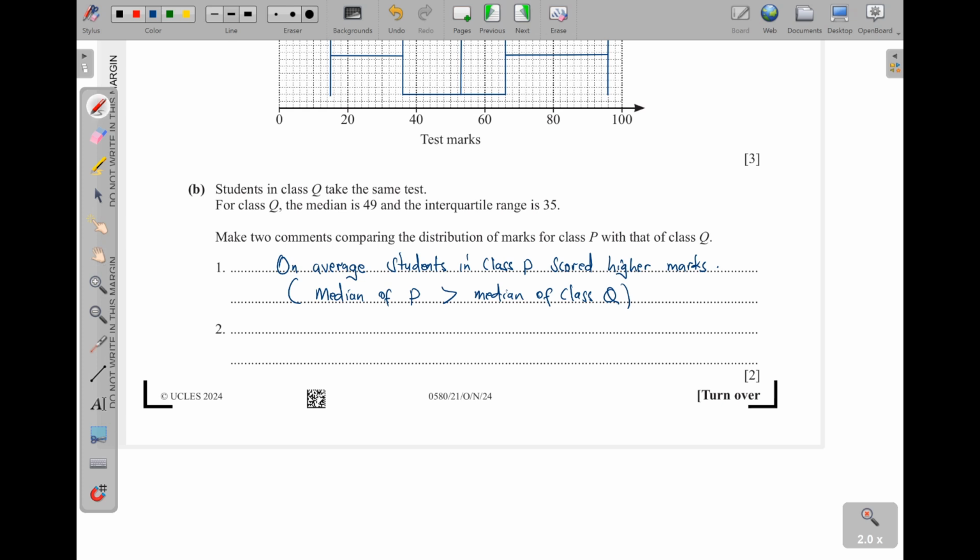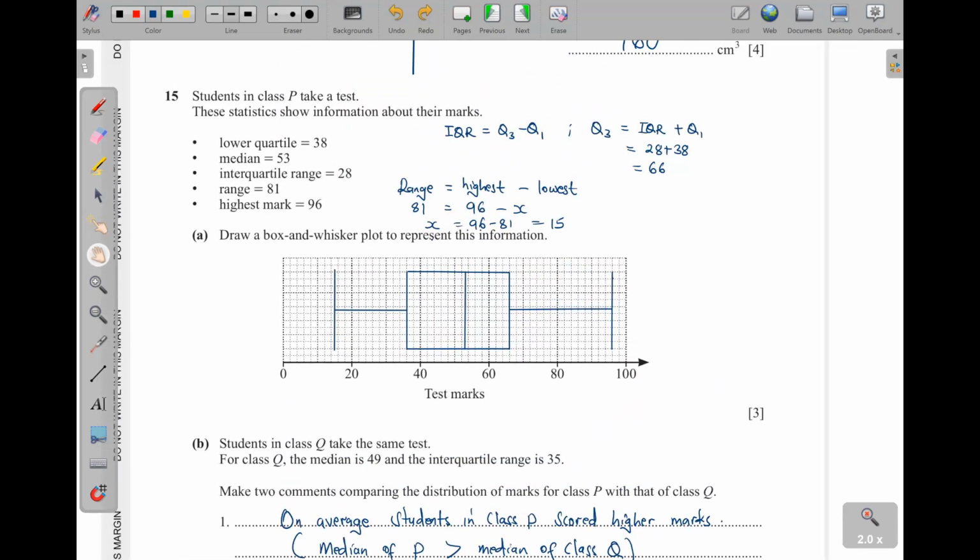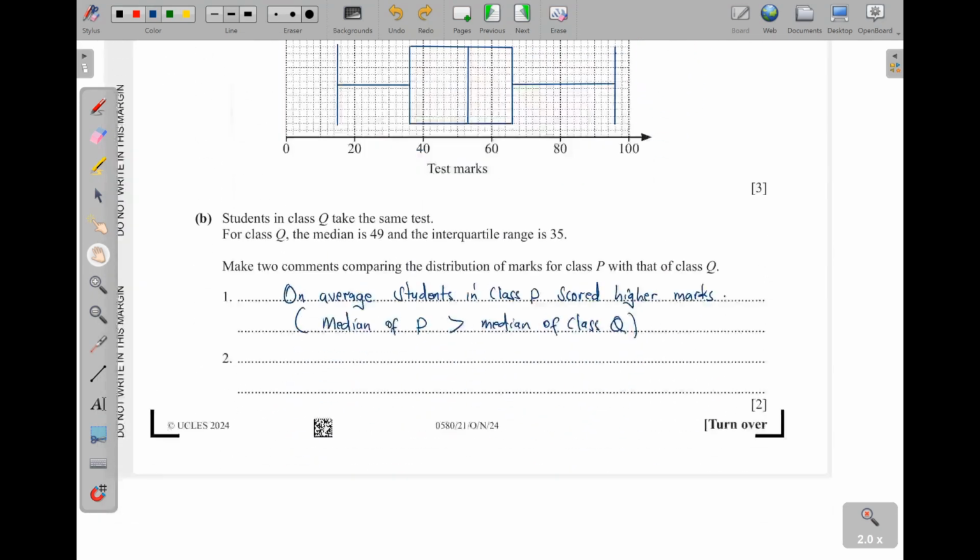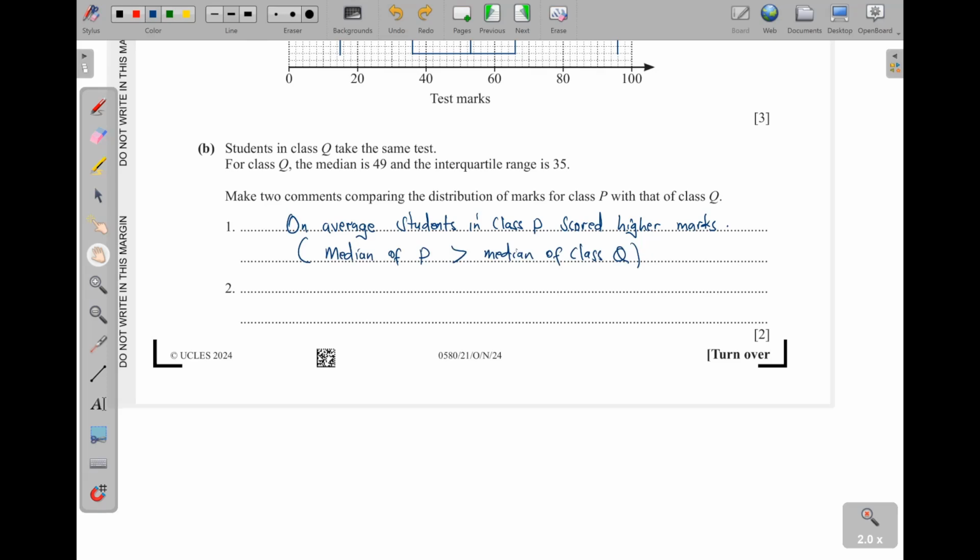Now for this other one, the interquartile range is 35 for Q. But then the interquartile range for P is 28. So that means the marks scored by students in class Q are more varied compared to those in class P.